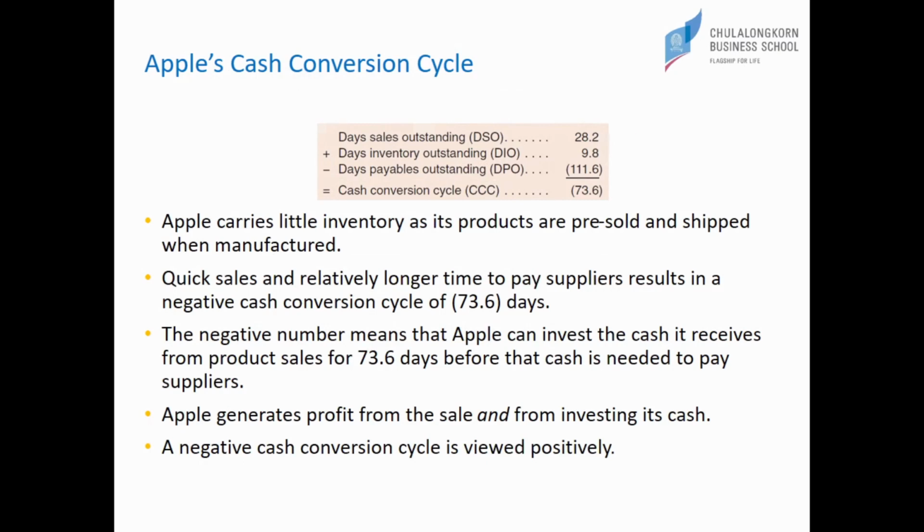Okay. So Apple generates their profit from making sales and uses that money, kind of free money, and invests this cash to generate additional return. So this negative cash conversion cycle is viewed very positively.